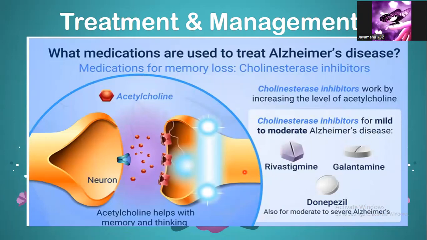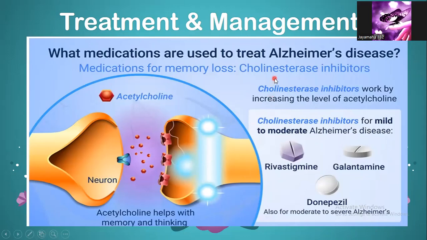In this slide, let's learn about the treatment and management of Alzheimer's disease. It means what medications are used to treat Alzheimer's disease. Mostly the medications used for memory loss are the cholinesterase inhibitors.